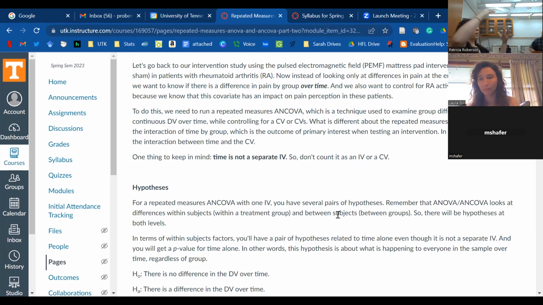That's a good question. So we're talking about wide versus long formatting. In repeated measure ANOVA and ANCOVA, each time point needs to be its own column, its own variable. So each row will have depression time 1, depression time 2, depression time 3, and that's called wide because the data is wide, right?